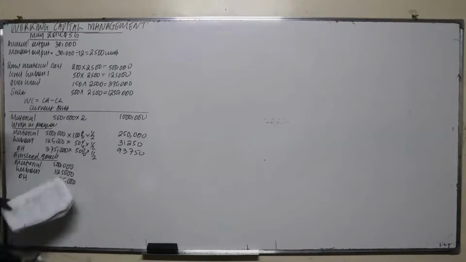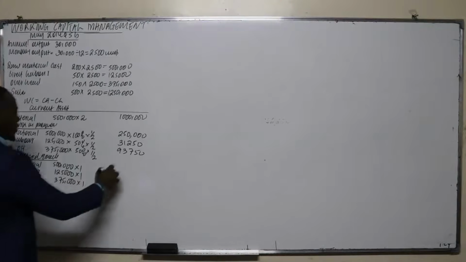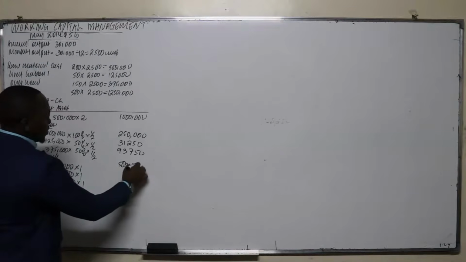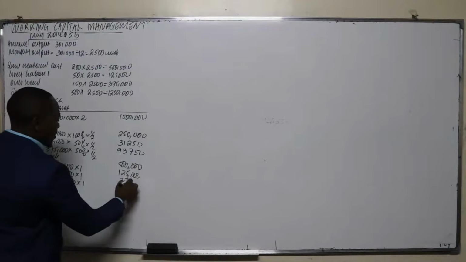We have 125. We have 375. So I told that finished goods are in stock on average for 1 month. So you multiply by 1. 500, 125, then we have 375.